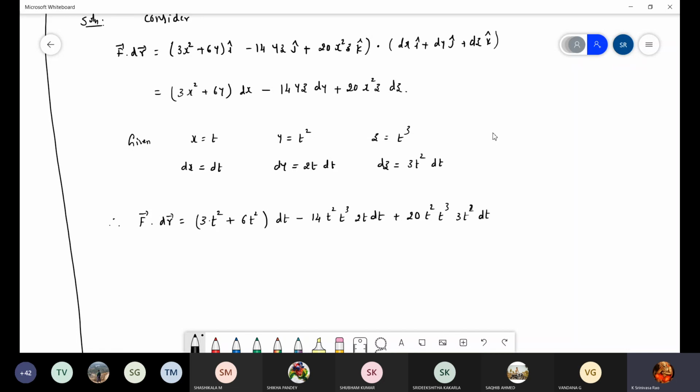Okay, so all three variables are converted into one, that is t, and with a single variable we can integrate easily.